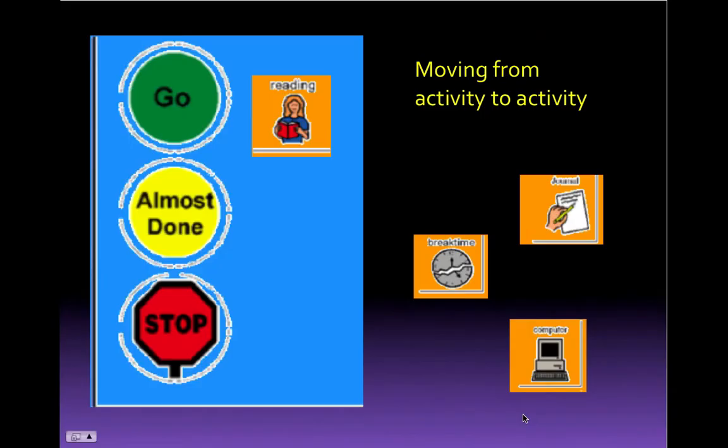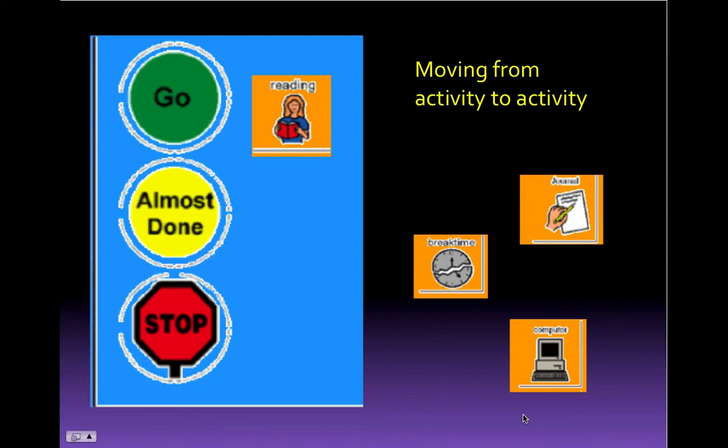Here's a nice little visual tool, the Go, Almost Done, and Stop board. This is actually the activity we're going to make during this session. And this shows a clear sequence and is a closed-ended way to complete an activity.